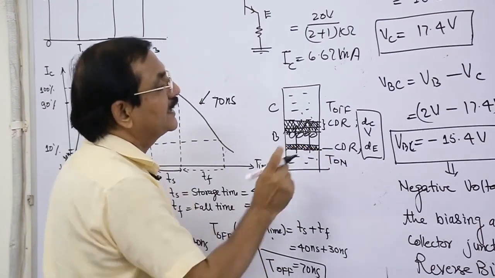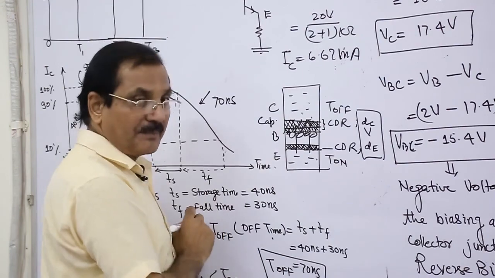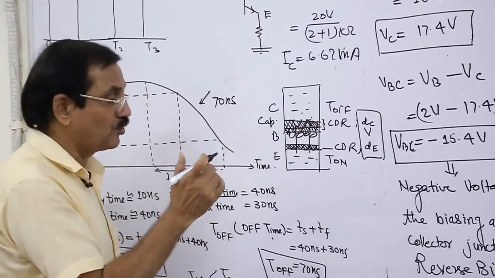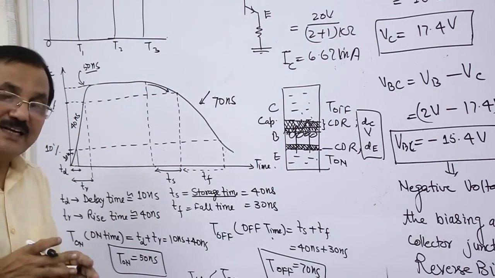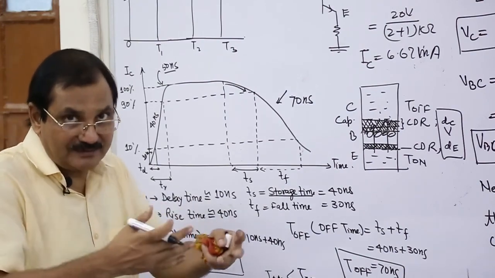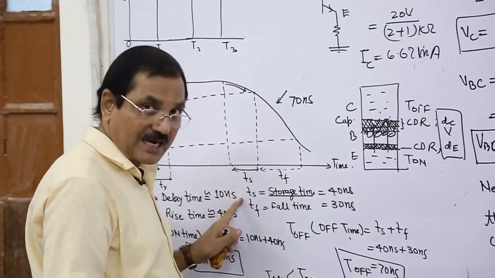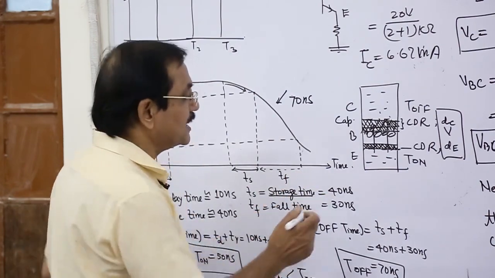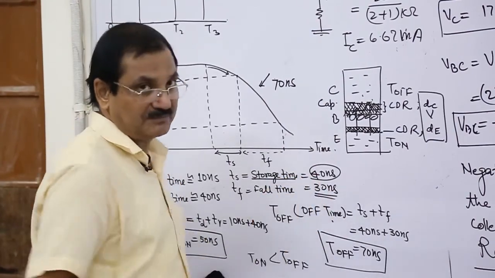So, the storage capacitor stores more charge. So, the gradient is slow, because it opposes the fall of the current. This storage part supplies the charge to the circuit, and that is why it opposes the fall. So, its time is more, storage time is 40 nanosecond in comparison to the fall time 30 nanosecond.